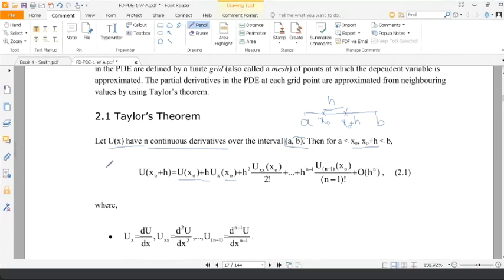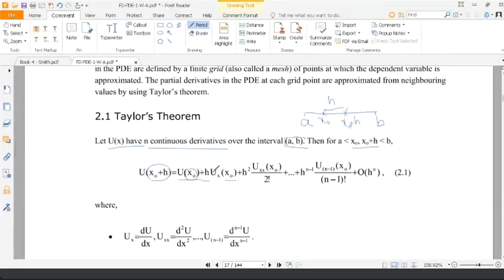Please note, on the left side, u is of x0 plus h, but on the right-hand side, all of the functions are of x0.